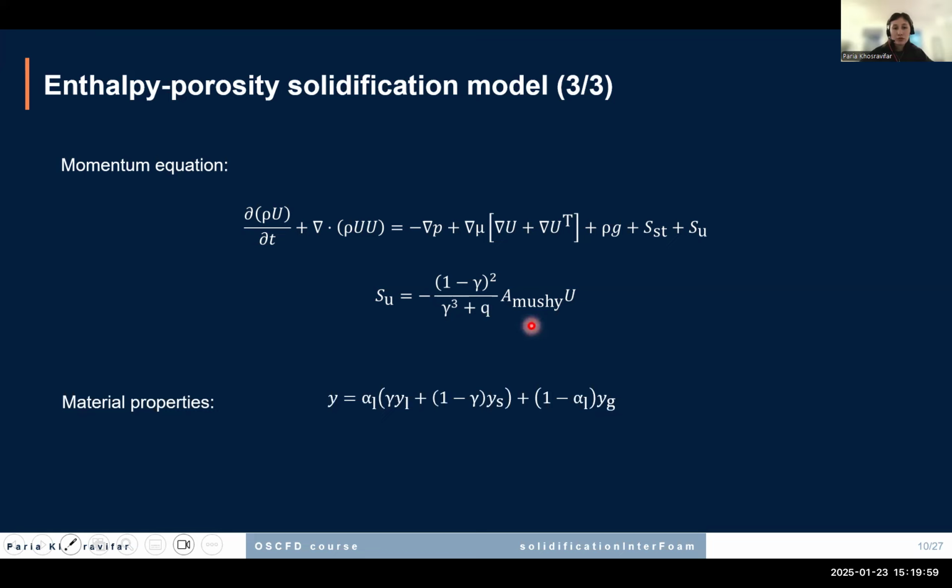Now we have three phases, so we need to consider all three phases' properties in the simulation. We will change the relation that I mentioned in the volume of fluid to this to consider the properties of liquid, solid, and gas.